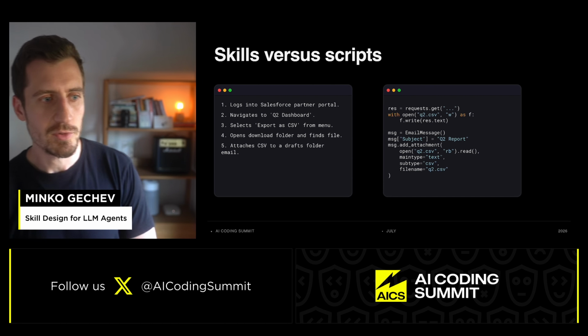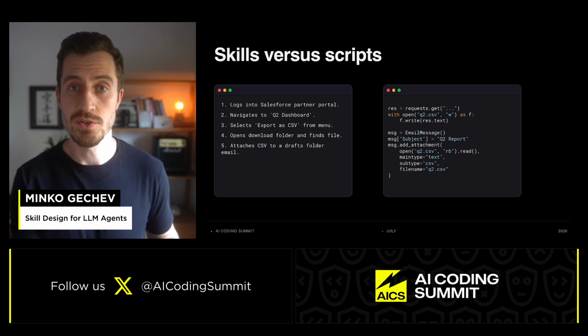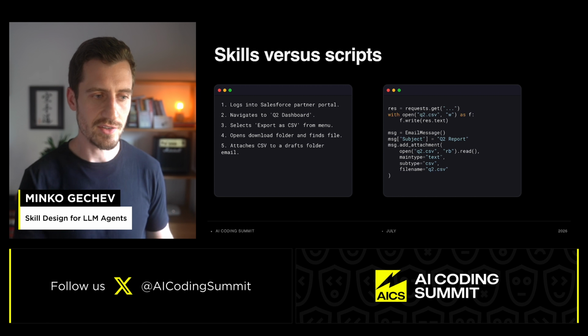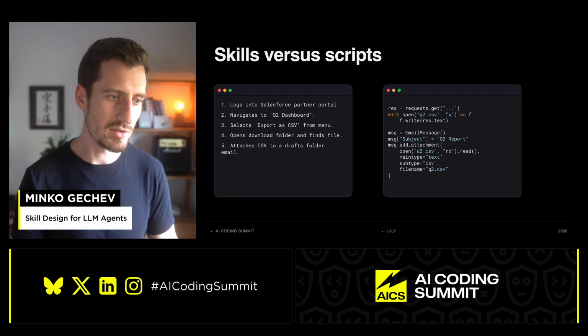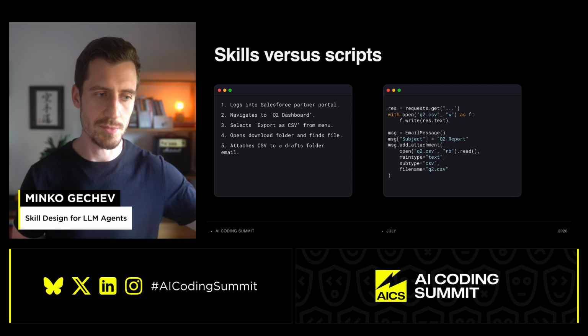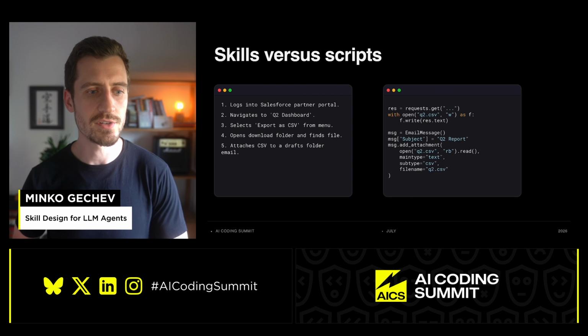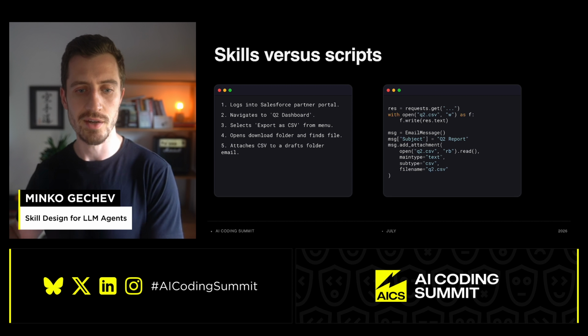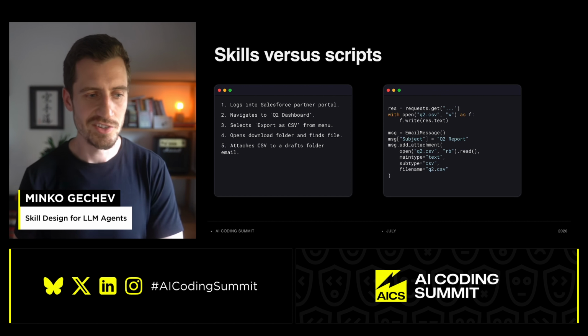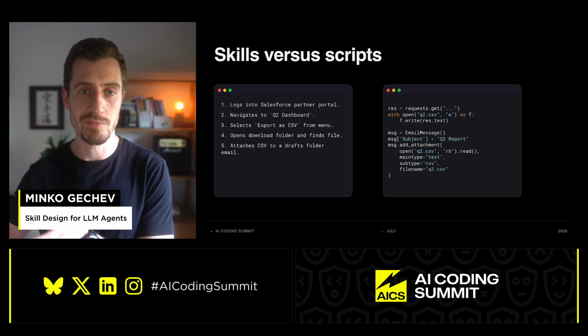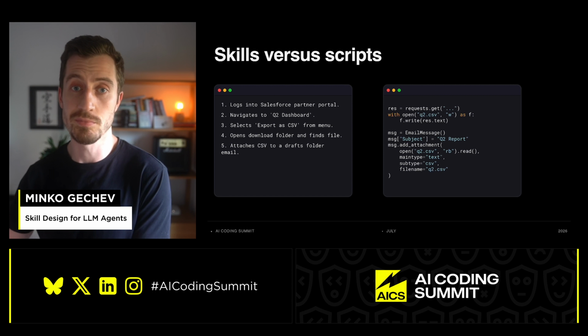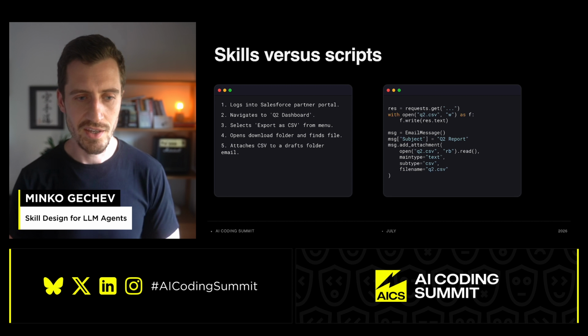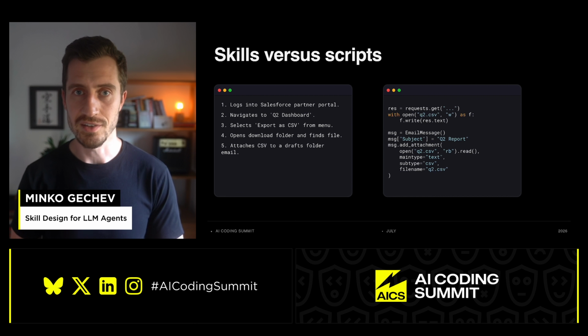I spent a lot of time talking about scripts versus these procedural instructions. And you can see that here on the left side, we have a skill that is doing something with some Salesforce partner portal, and we have an equivalent script. So there are obvious differences here. First, if we can automate something, if we can make it deterministic, we should make it deterministic and create a script because we can test it significantly easier.